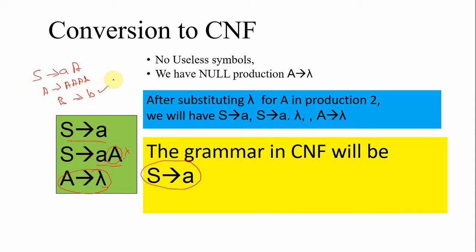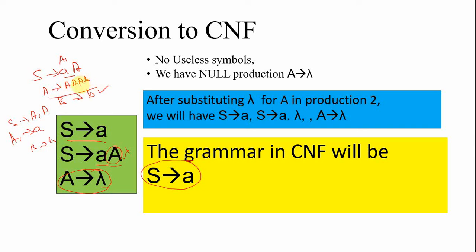This is already in CNF, no problem, no useless, no unit, no lambda productions. So instead of this, we may introduce a new variable A1. So A1 gives A will be a new production, S gives A1 A, no problem, B gives B will be there. But what about this production? This is not in CNF, right? On the right hand side we can have only 2 variables, but we have got 4 variables here.